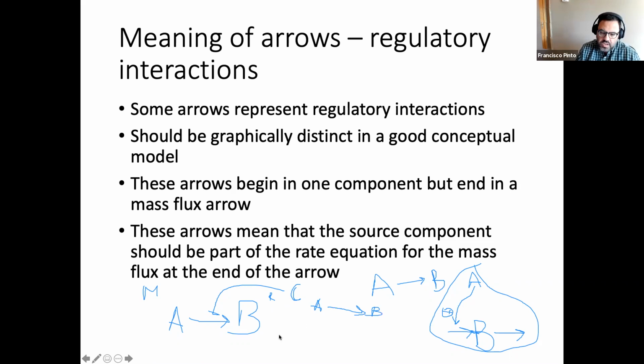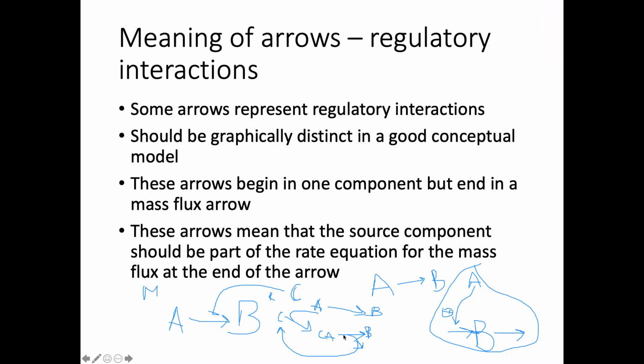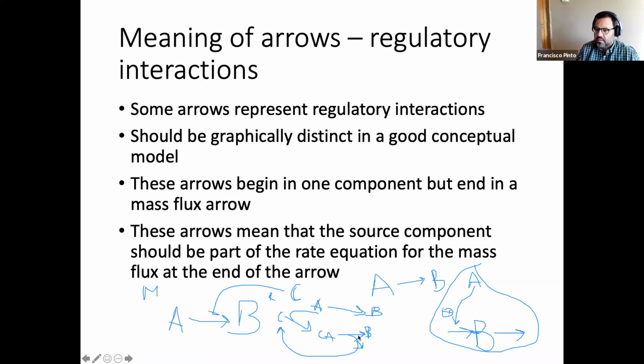Alternatively, you can have C that binds to A and gets a complex CA, and then CA gives origin to B and C again. And this process now is a very rapid one. Okay, so you can model this in a more detailed, mechanistic, molecular way, or you can model this in a more conceptual or simplified way. Okay.